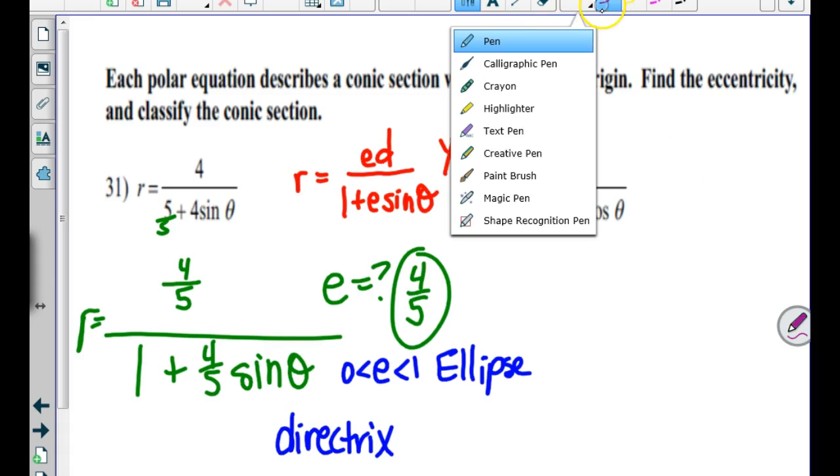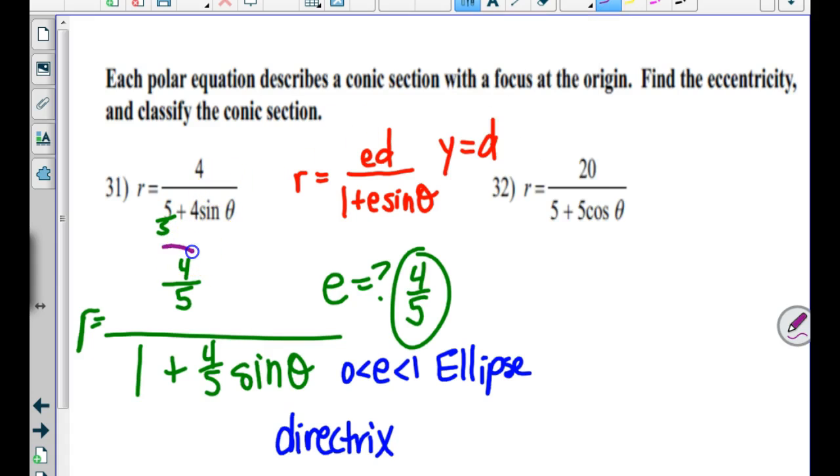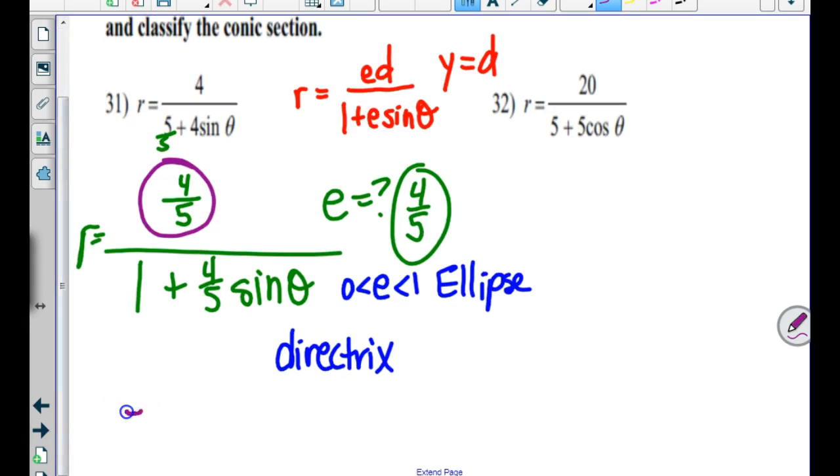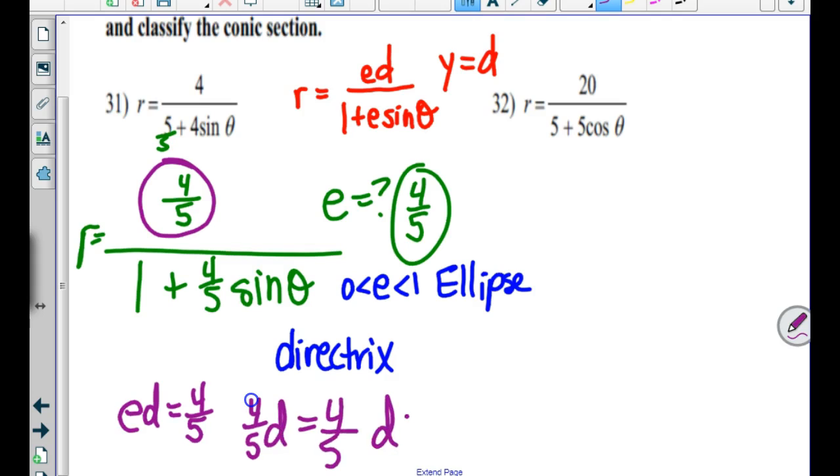Because this top right here is E times D. And we already know E is what? Okay, so E times D equals 4/5. But we already know E is 4/5. So we have 4/5 times what is 4/5. So D is just 1. So the directrix would be Y equals 1.